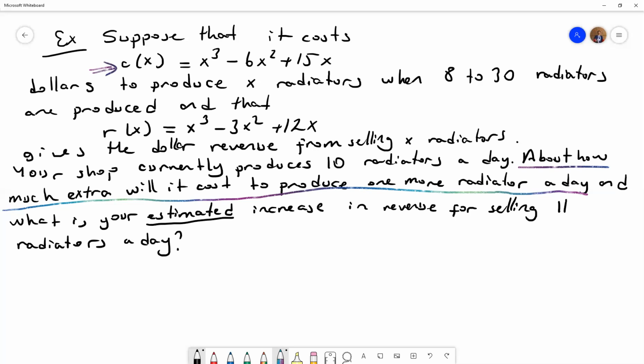And another question is, what is your estimated increase in revenue for selling 11 radiators a day? Of course, this is not the question for exactly 11 radiators, but it says, what is your estimated increase? This one is a bit different. So we can find it in the online lecture, I think.